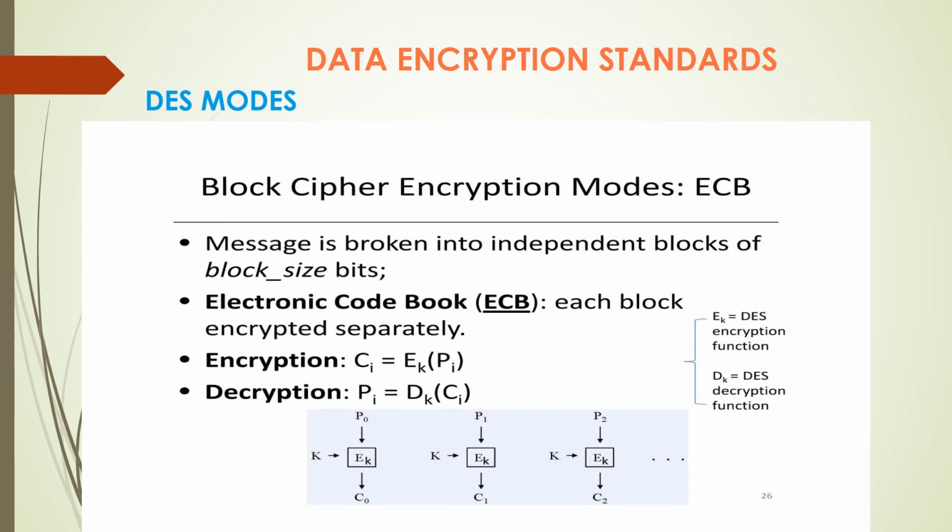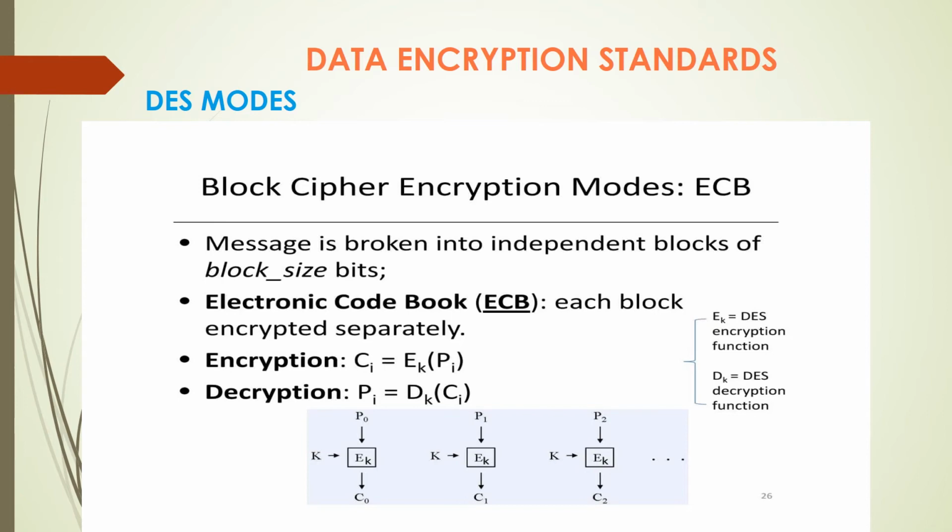Now we will see how decryption will take place. Ciphertext block 1 will be given as input to the decryption algorithm. Here also we have to use the same key that was used for encryption. So the output from the algorithm will be plain text block 1.